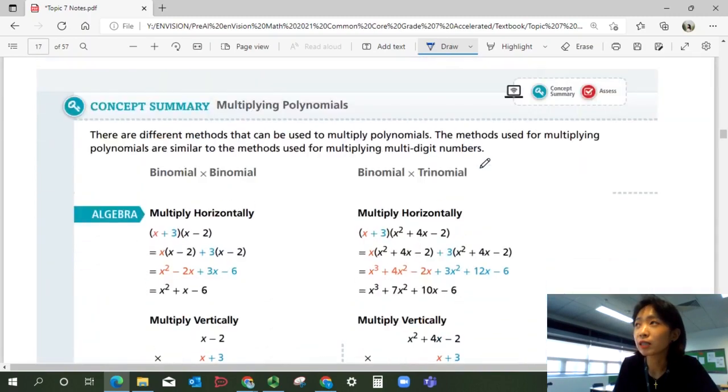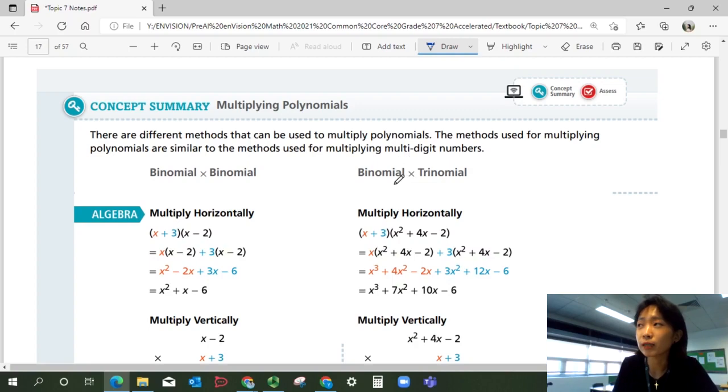All right, let's summarize our lesson, multiplying polynomials. So if you multiply binomial by binomial, when you multiply horizontally, you would use the distributive property to distribute your terms out.